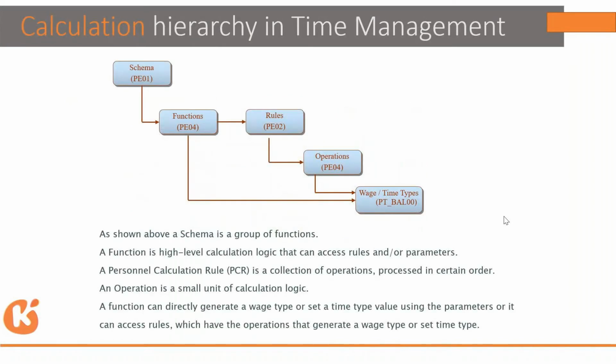Next, to update this time evaluation, the basic thing we need is a schema. Giving a schema is nothing but updating employee data, and that data will be captured by this schema.